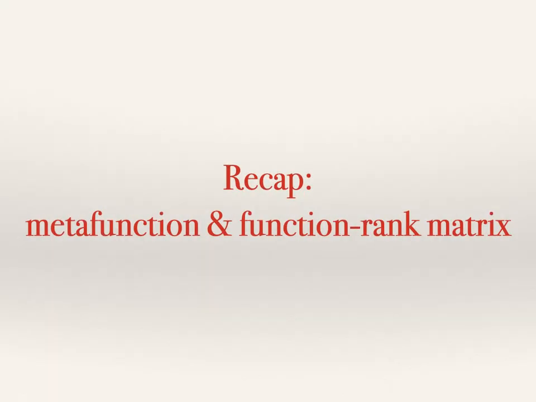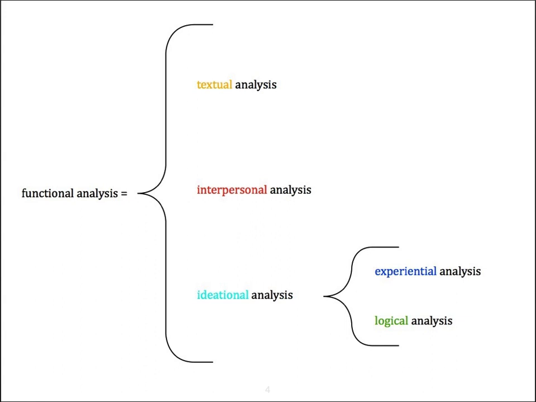So in terms of recap, we've discussed the spectrum of metafunction and related that to the function rank matrix. Behind this then lies the notion that if we do a functional analysis using the description of the grammar, that is immediately multifunctional. It's dispersed according to the different metafunctions of language.